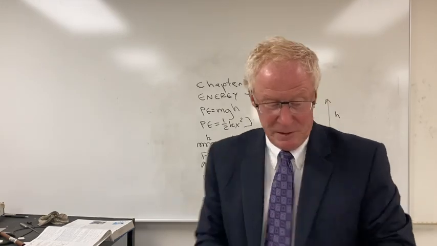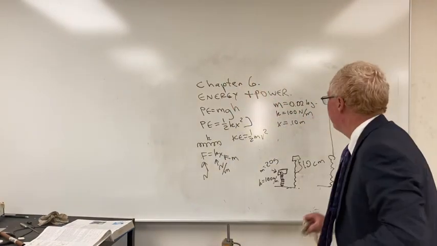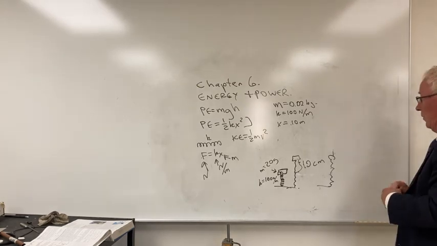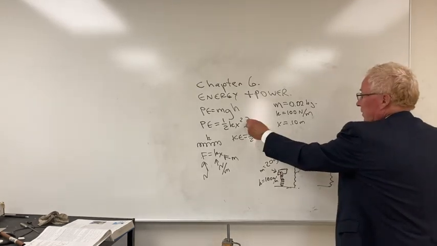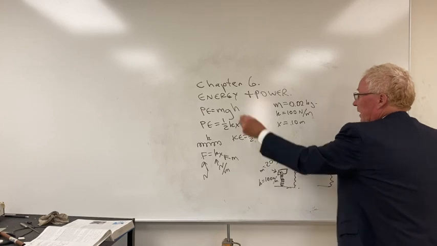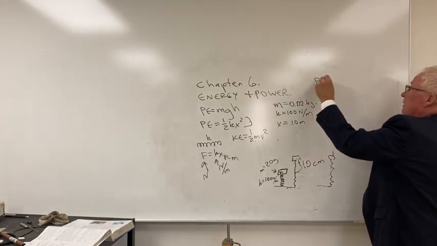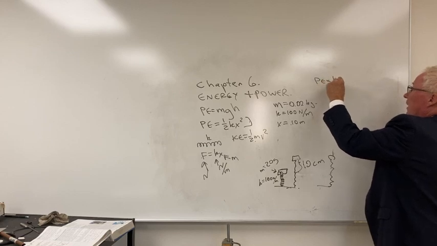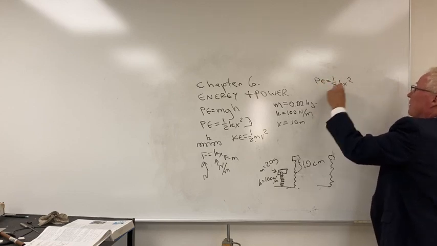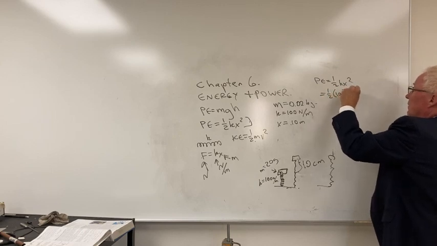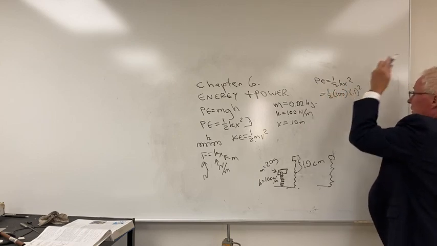So first, the potential energy of the spring converts to kinetic energy, which converts to potential energy. PE of 1/2 kx squared is 1/2 times 100 times 0.1 squared.